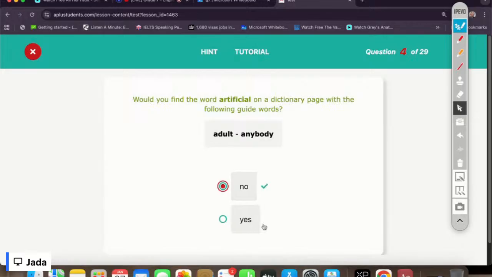Okay, so we have no. Then which one would you find in between behalf to bread? Is it bad or blonde?